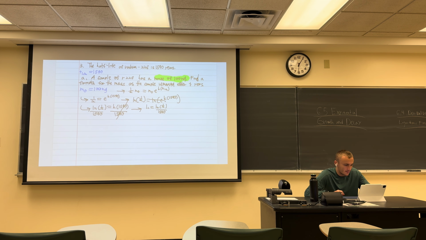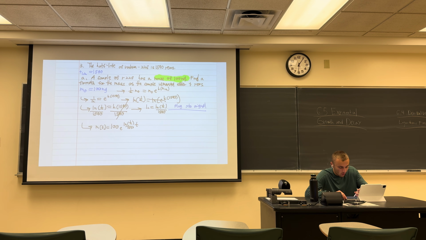And therefore we can plug this back into the original equation. This is the formula we've discussed before, and now we're denoting it m of t equals 100 e to the ln of 1/2 over 1590 t.